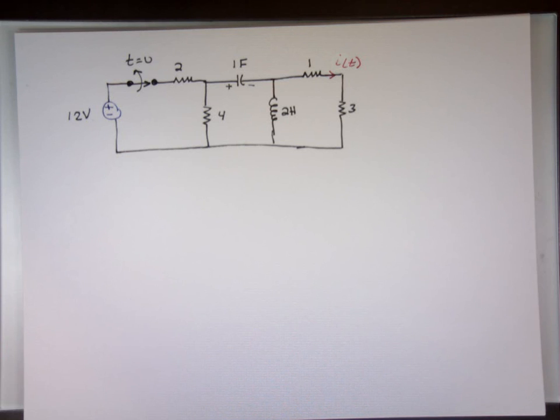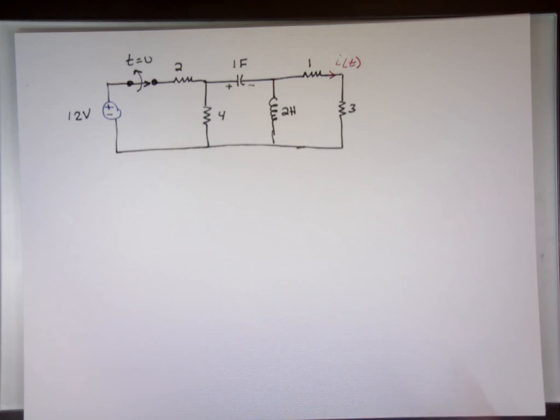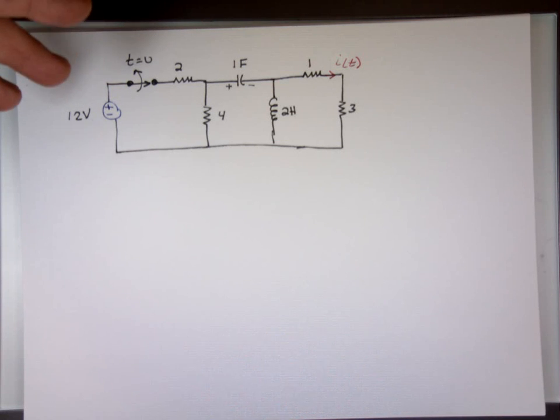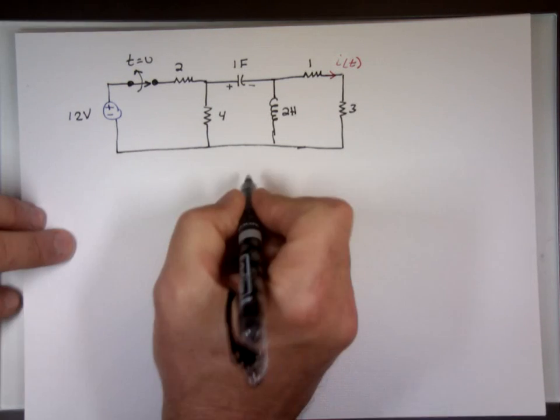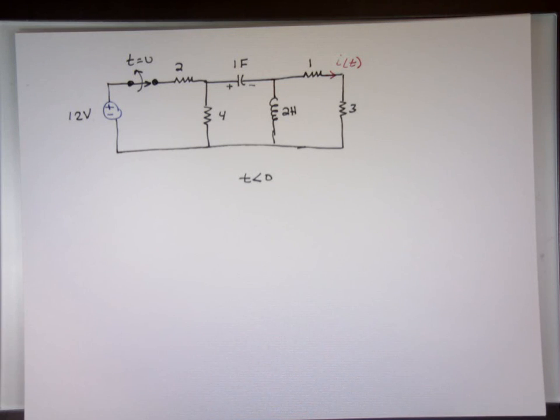Now the first thing I notice here is I could have taken these two resistors and combined them, and it will not change i_CBO. But let's look at the circuit for t less than 0 and get the initial conditions. Remember, we're assuming this has been sitting here for a while.